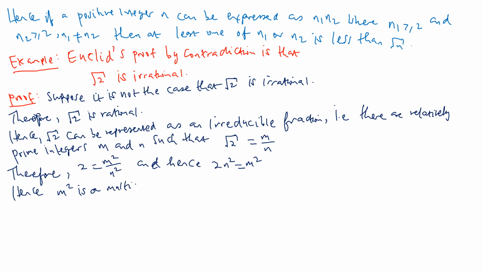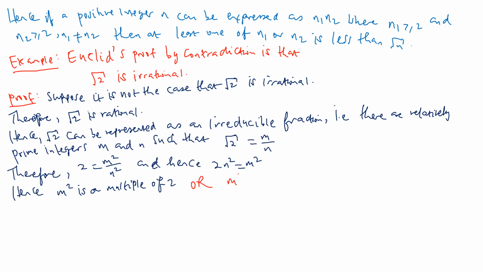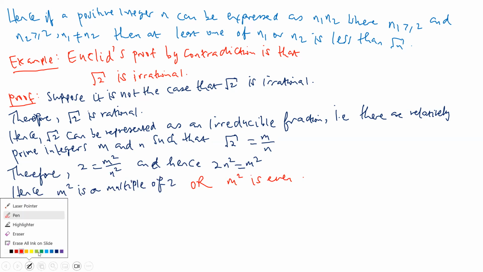If you don't want to say that, you can say m squared is even. Another student can say, I think m squared is even. That is acceptable.